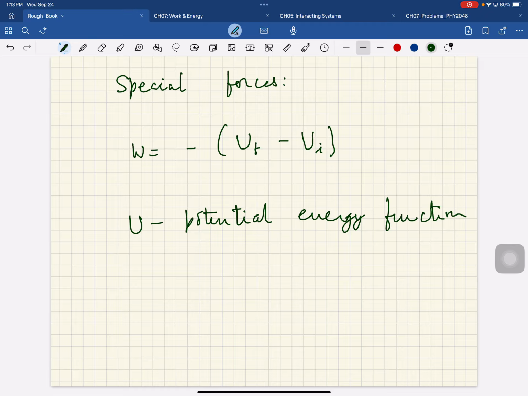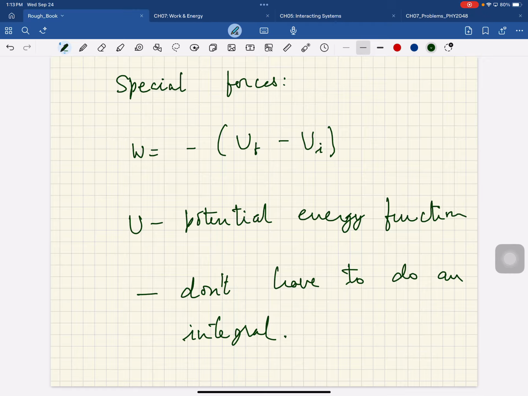And so the thing is, you don't have to do the integral. And we like simplicity in life. Anything that simplifies our life, we're happy with that. Okay? So these are special forces. These are called conservative forces.